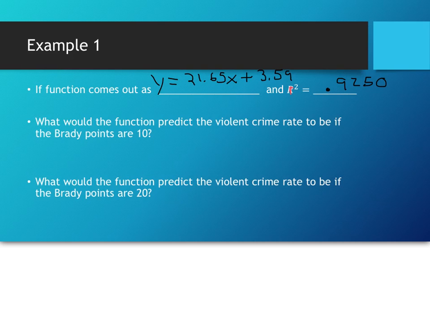So that line is predicting what's happening with, in this case, the Brady scorecard points, which was my x. By the way, for those of you who don't know, as the points got higher, that means stricter gun laws.